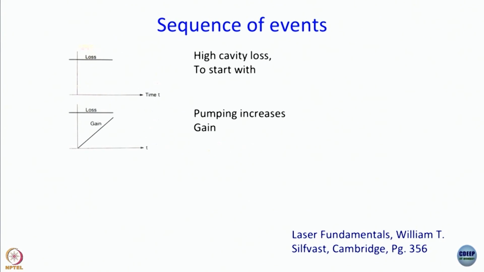Switch the cavity on means you have a gain medium here, you are pumping. To start with, let us say I have blocked the mirrors. When I switch the cavity on, I have removed my hands or whatever the shutter is, and so now the mirrors are in place. What will happen when I switch the cavity on in this case?